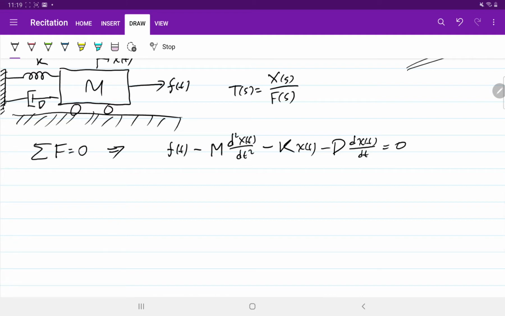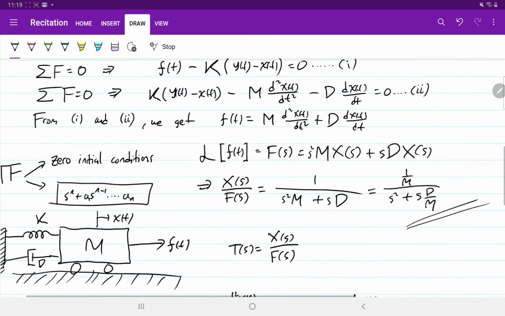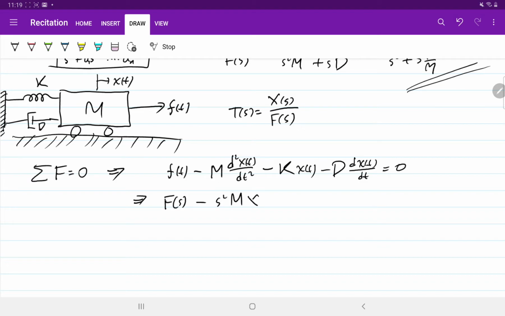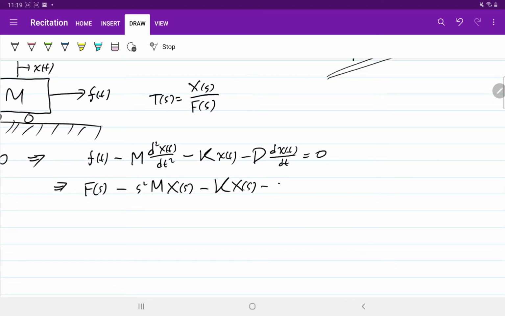Okay, and then you need to apply the Laplace transform. We have, assuming zero initial conditions, F of s minus s squared m X of s minus k X of s, and then minus s d X of s.